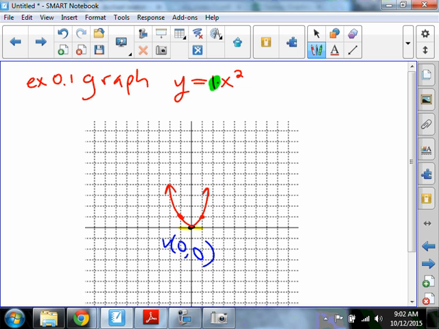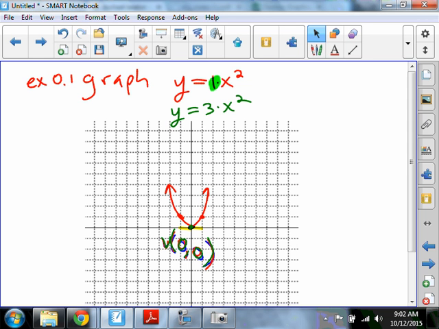On the same graph, let's try to graph y equals 3x squared. Where's my vertex going to be on this one? At 0, 0 again.